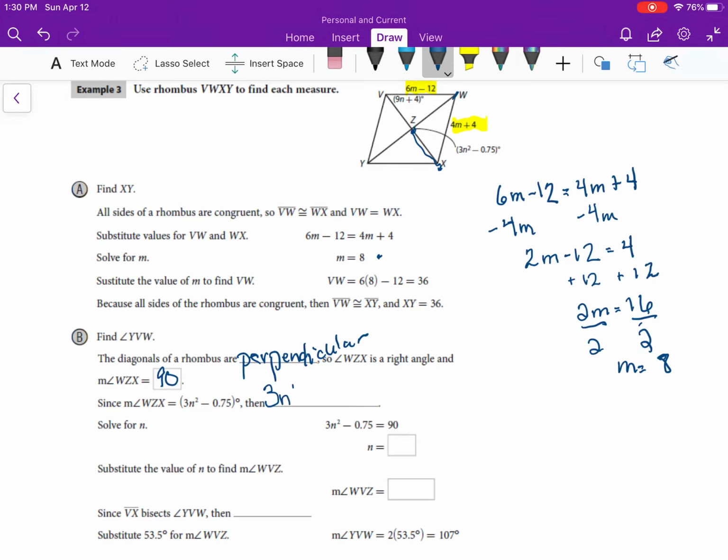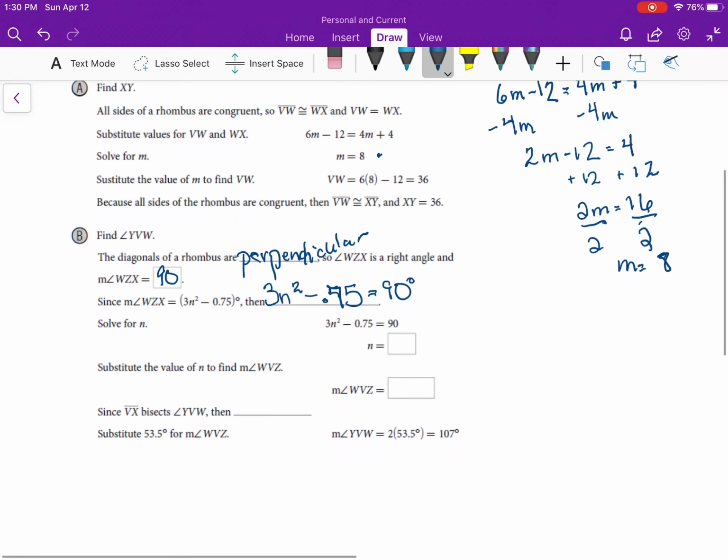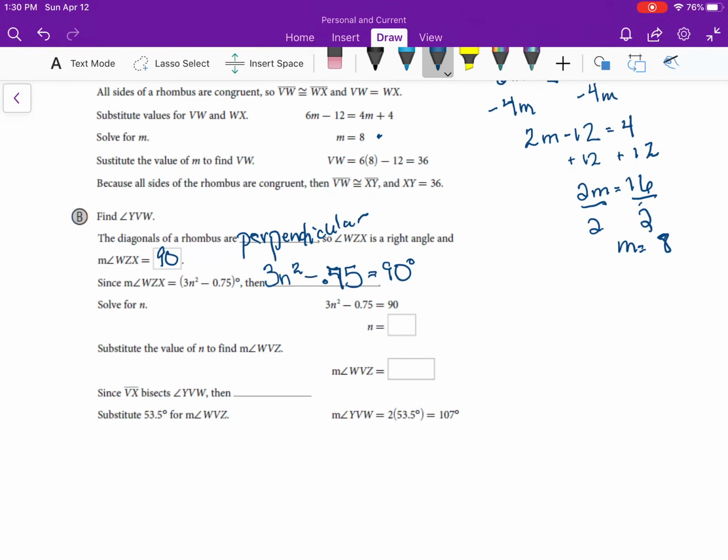So 3n squared minus 0.75 equals 90 degrees, right? Since that angle measurement is 90. Now we get to solve for n. Let's show you the math of this over here. 3n squared minus 0.75 equals 90.